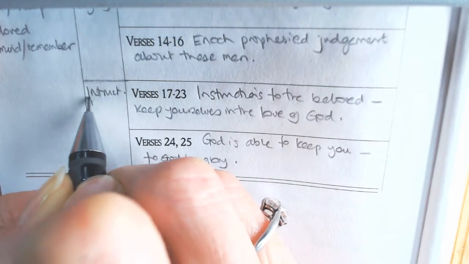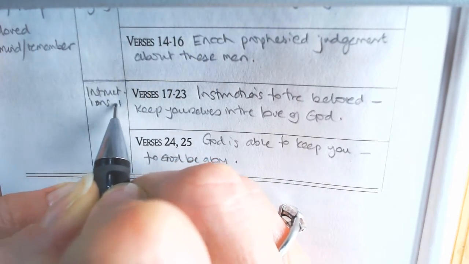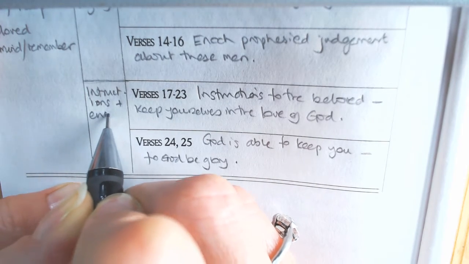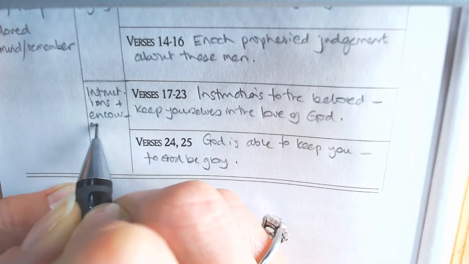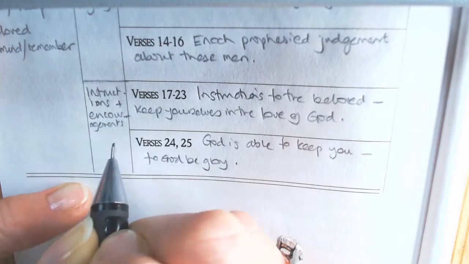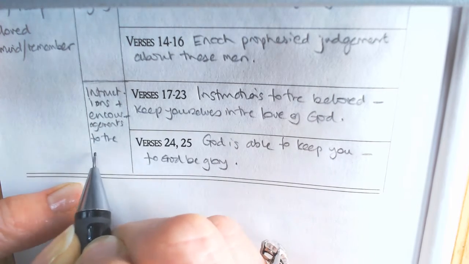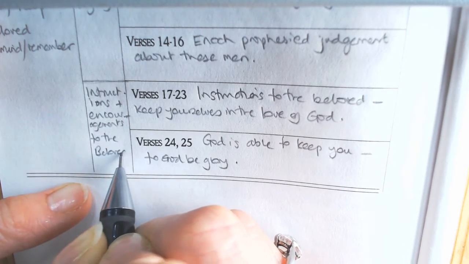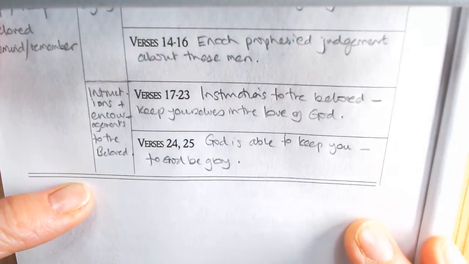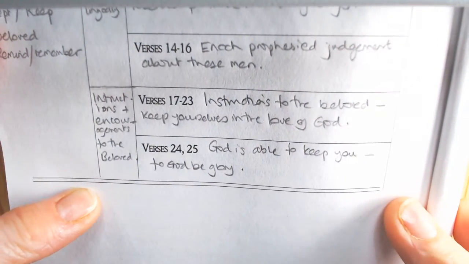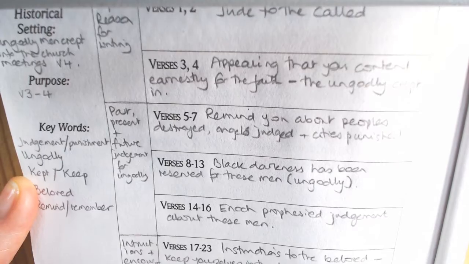So I think these are instructions and encouragements. Instructions, oops, can't spell, and encouragements. You can't even read that, I bet. To the beloved. So instructions and encouragements to the beloved. So you would want to do those segment divisions.